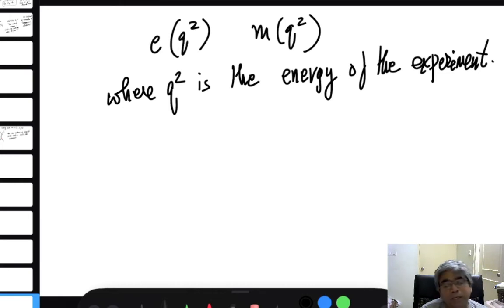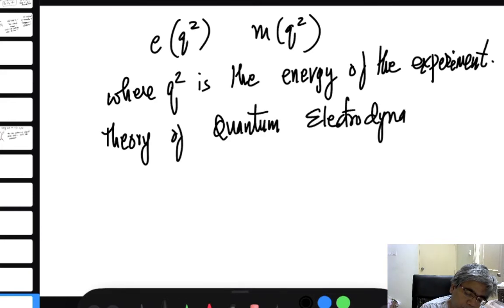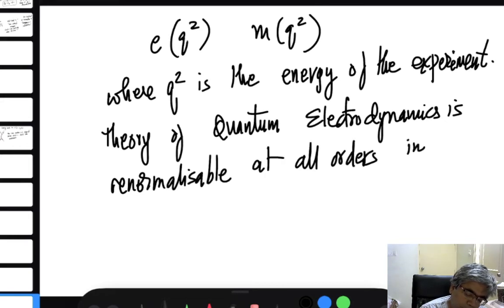It turns out that there is a very big quantum field theory analysis which showed that the theory of quantum electrodynamics is renormalizable at all orders in perturbation theory.